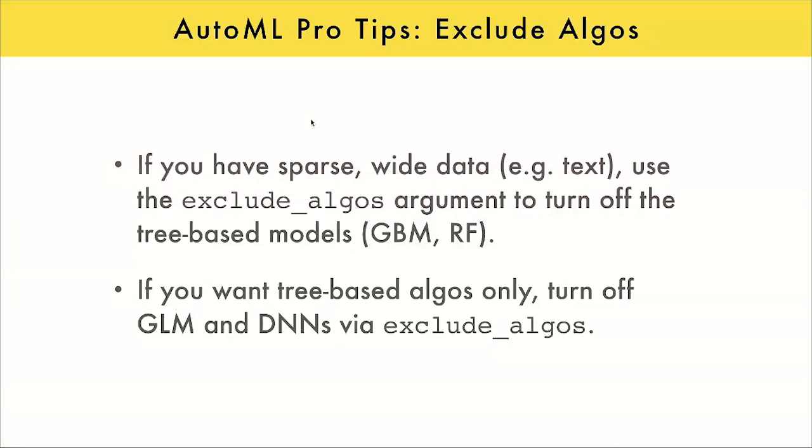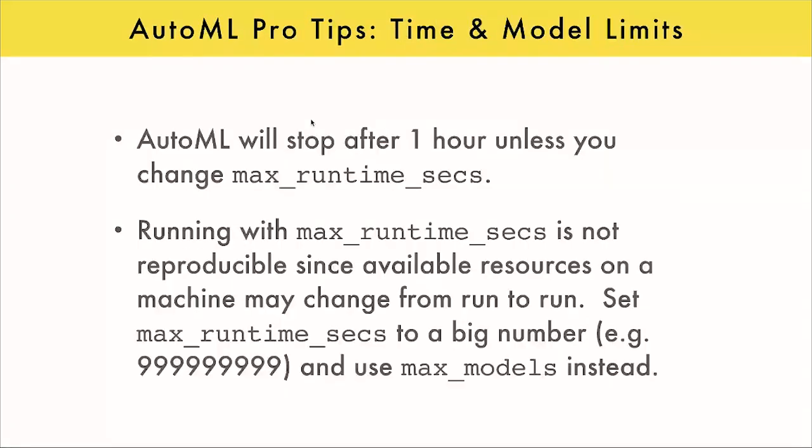I mentioned this already, but AutoML will stop after 1 hour. That's the default unless you change the max runtime seconds. Another thing to note is if you're caring about reproducibility, then I would suggest using max models with a seed, because the amount of work that could be done on your machine during a given time is not fixed if you have other things running on your machine.